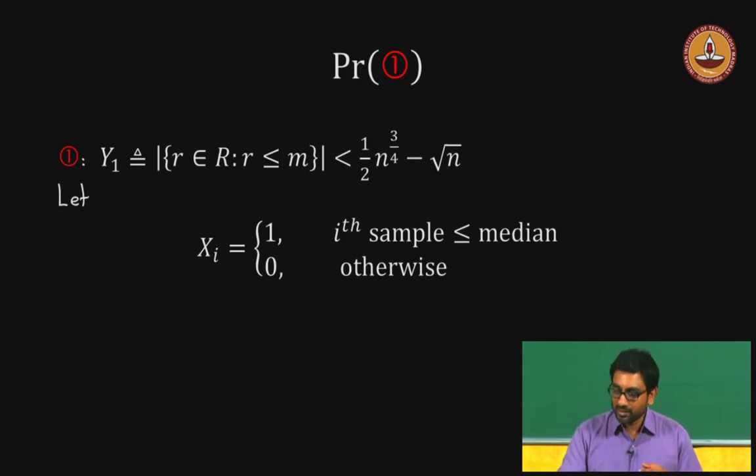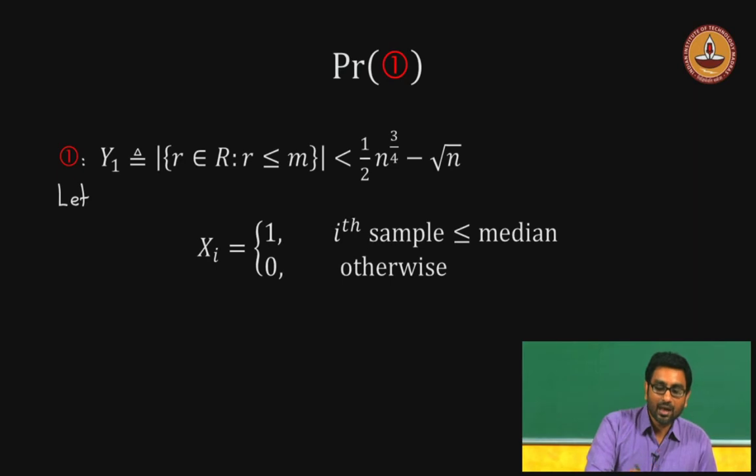y1 is basically the count of the set of elements that are less than or equal to the median. So, go back to the sampling algorithm. You are sampling elements into this set R, xi equal to 1 if the ith sample is less than or equal to the median.